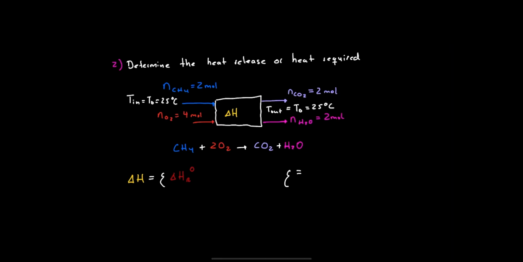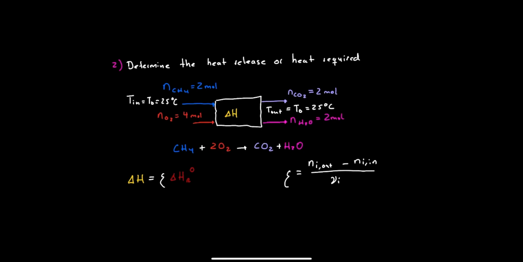The extent of reaction is the molar amount of species i leaving our system minus the molar amount of species i entering our system, divided by the stoichiometric coefficient of species i. For a stoichiometric reaction, the extent of the reaction is independent of the species i you choose to use.